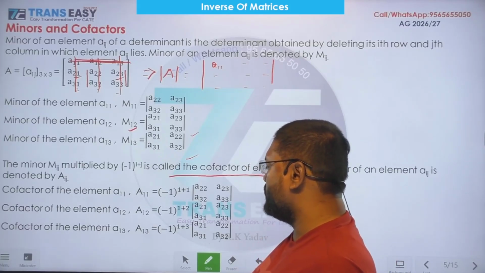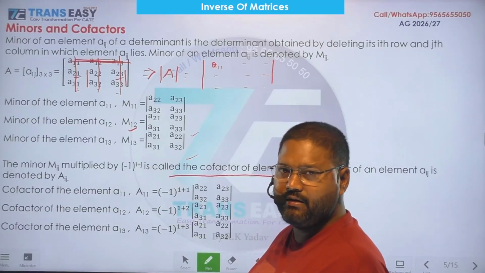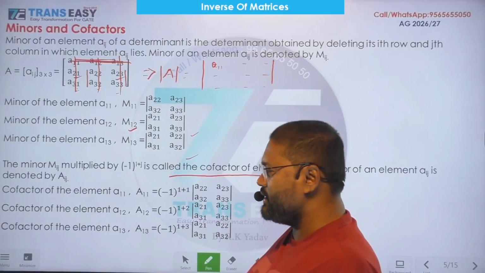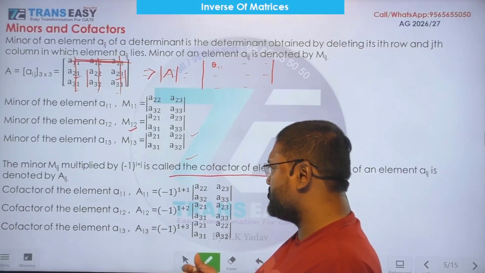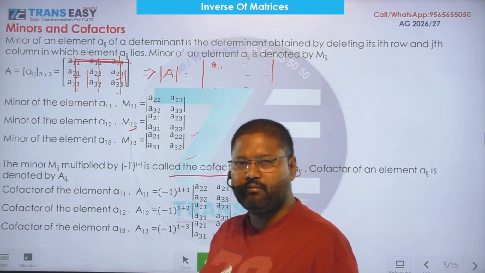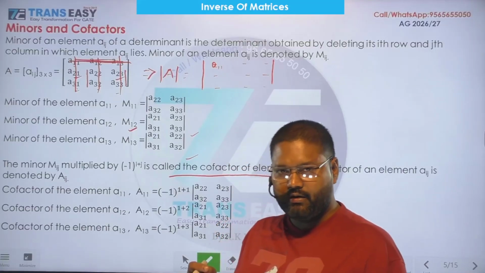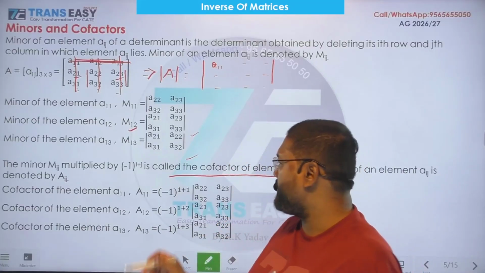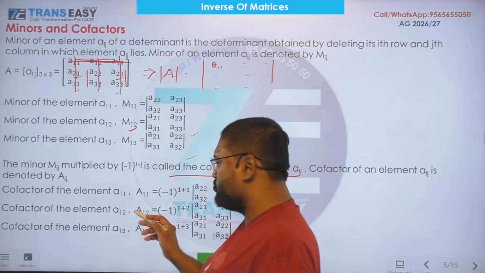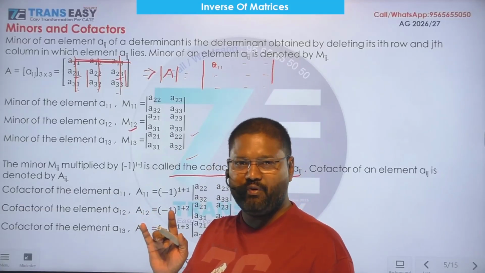Removing the row and column passing through this element aij, the resulting determinant is called the minor, and the minor is multiplied by -1 raised to the power of the row and column position sum, i plus j. So for A11, -1 raised to the power 1 plus 1 times M11.